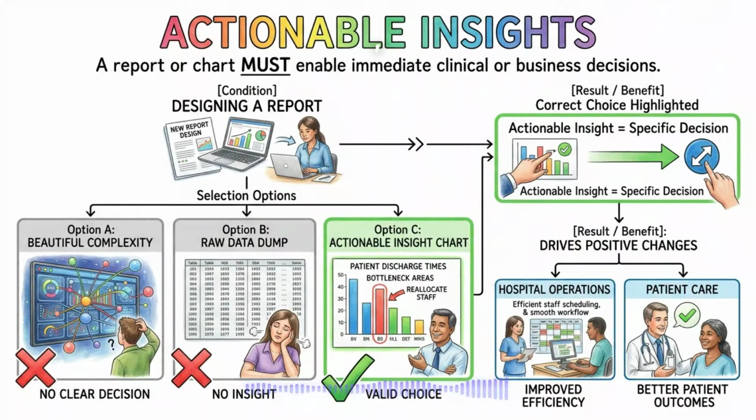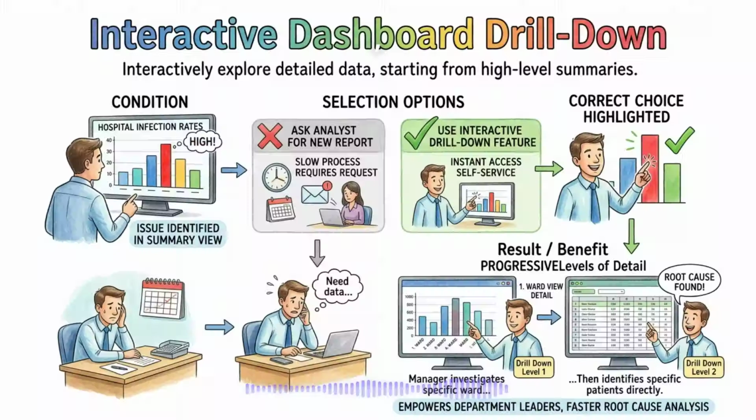In modern reporting software, dashboards often include interactive elements like drill-down capabilities. A drill-down feature allows a manager to click on a high-level visual summary, like a red bar showing high infection rates, and instantly open a new screen with more detail.